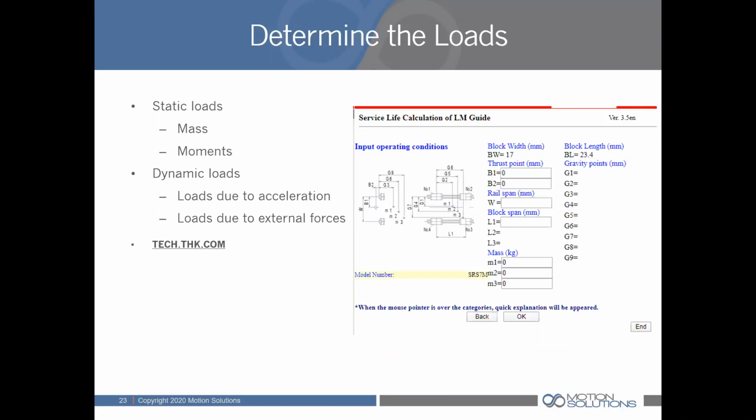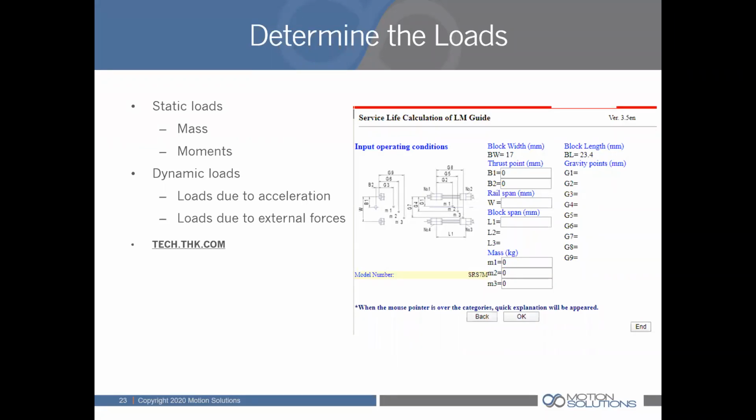I've given a picture of what it looks like where you're inputting that data on the website. It allows you to input your load information, the bearings that you're thinking of selecting, and also your dynamic information, the acceleration and duty cycle, and then it calculates back for you the loads on the bearings and the expected life. So this is a great tool.